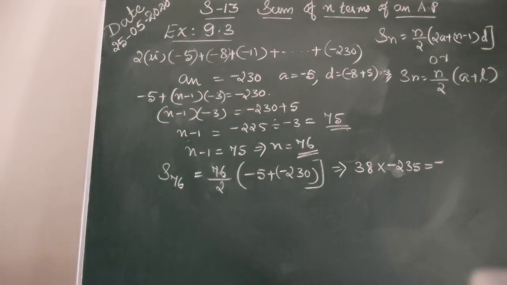Multiply 235 into 38 and calculate the value, the sum. Write down. Calculate the sum. Okay?